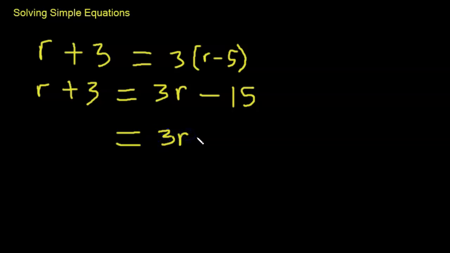3R. And bring the 3R, and over here we have positive 3. So remove this R from the left hand side. We have negative R over here. And then we add 15 to both sides. So this minus 15 is removed, and we have positive 15 over here.